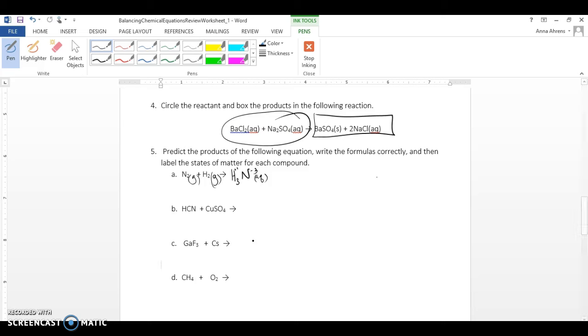Okay, now we can go ahead and balance it. We have 2 nitrogens on this side and only 1 on this side, so I'm going to put a 2 out front. So that gives me 6 hydrogens and 2 nitrogens. And then from here, we have 6 on this side, so we're going to put a 3 out front there.